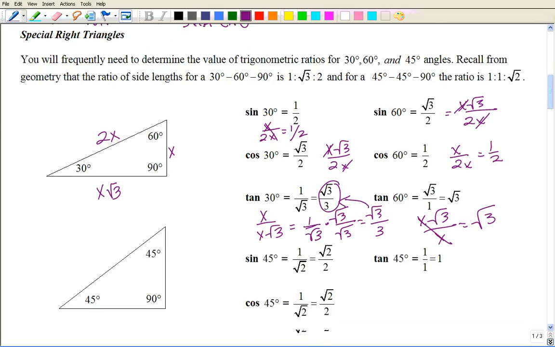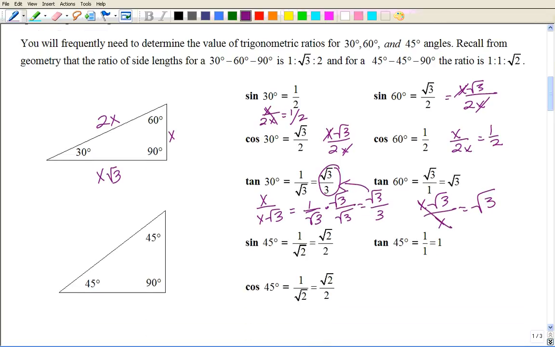For a 45, 45, 90, it's always easier to remember because two of the sides are going to be the same. That'll be a 1:1 to square root of 2 ratio. So for the sine of 45, it doesn't matter which angle you use.